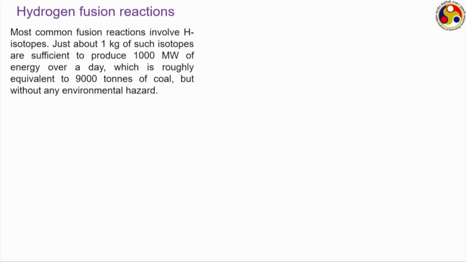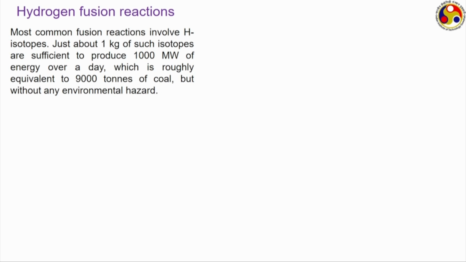Just to put in context with a chemical reaction which I have mentioned: to run a 1000 megawatt power station using coal based fuel, over one day we generally have to spend something like 9,000 to 10,000 tons of coal, and we are talking about good quality coal. If the coal quality reduces, that is, if the calorific value of the coal goes down, then we have to supply even larger amounts of coal to produce 1000 megawatt of power throughout a day.